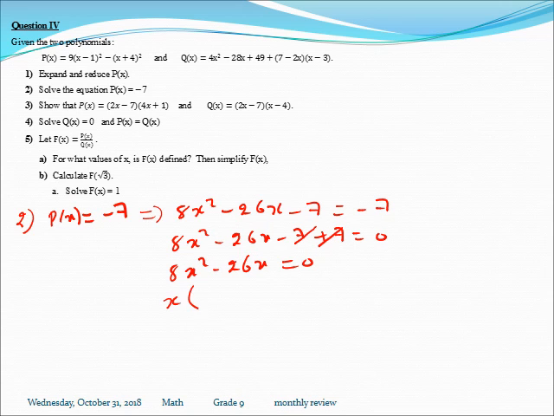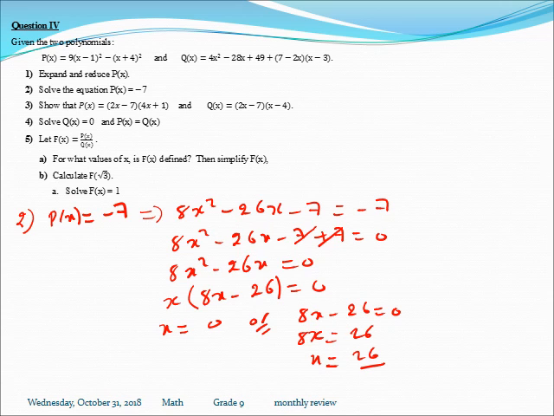Take a common x: x times 8x minus 26 equals 0. X equals 0, or 8x minus 26 equals 0. 8x equals 26, x equals 26 over 8, which equals 13 over 4.